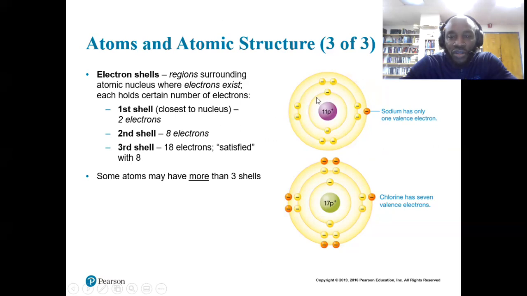So in the closest shell to the nucleus, you have generally 2 electrons. Then in the second shell, you have 8 electrons. And the third shell is satisfied with 8 electrons.